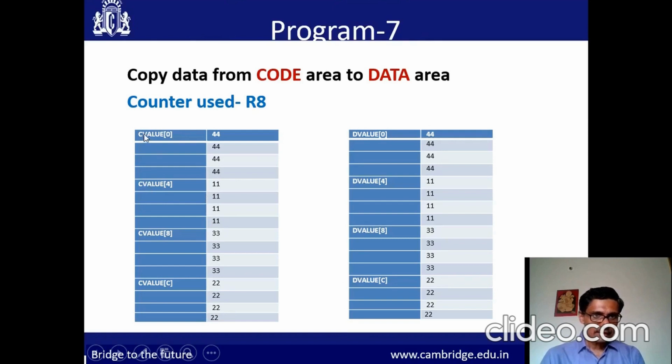You see here, C value 0, the starting address of the first data. Similarly, C value 4, the starting address of the second data. This is copied into this, element by element. There are 4 elements, so we require a counter here. We have used R8 as a counter to copy this data from C value to D value, that is from code area to data area. So R8 should be initialized with 4.